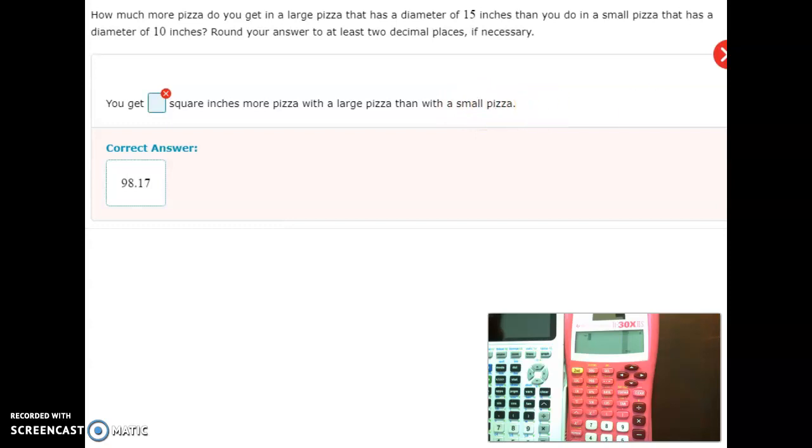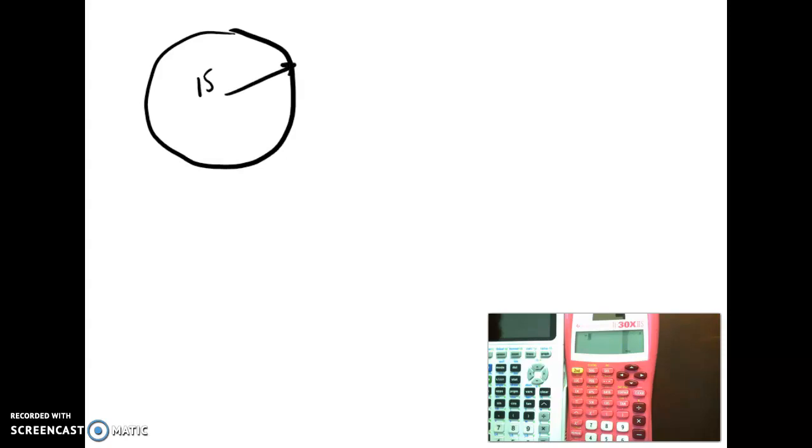So these are 2 pizzas that are round, because I know that because it says they have a diameter. So let me go to my whiteboard here, and I'm going to draw out these pizzas. So I have one pizza that's 15 inches across the center.